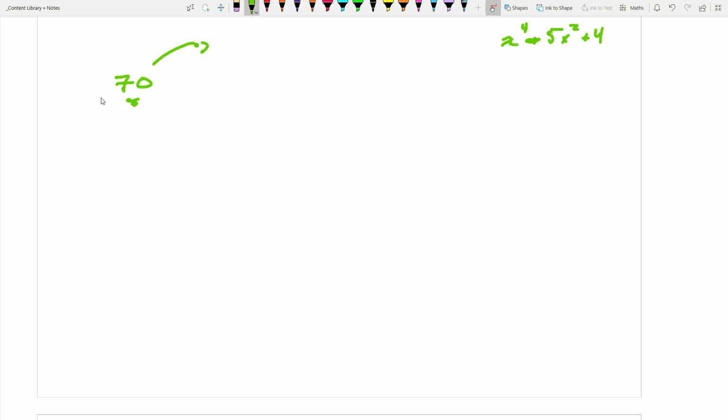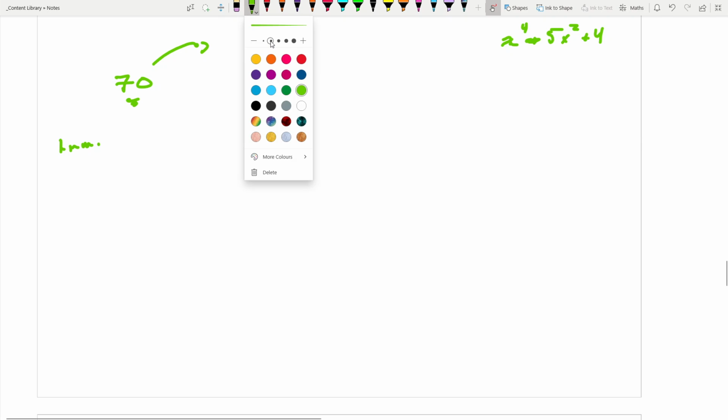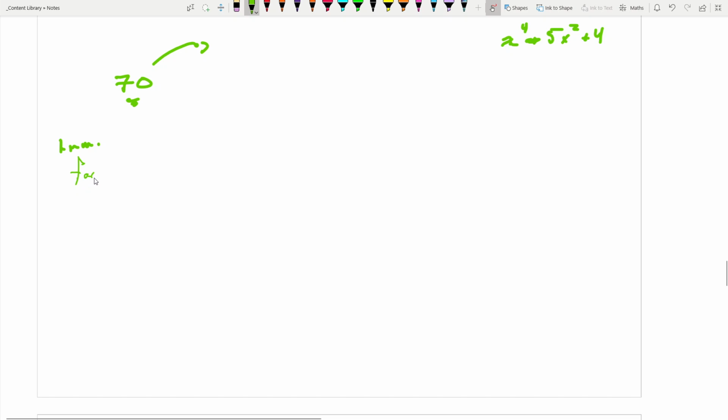So I'm going to factor 70 in a different way. I'm going to factor it like we factor polynomials, and I am going to use the remainder theorem. I ask myself, what possibly could be a factor of 70? I'm going to go out on a limb and take a guess. Is my factor 4?